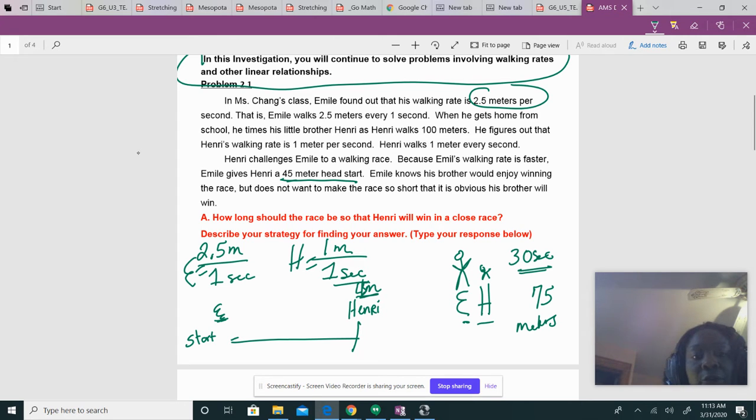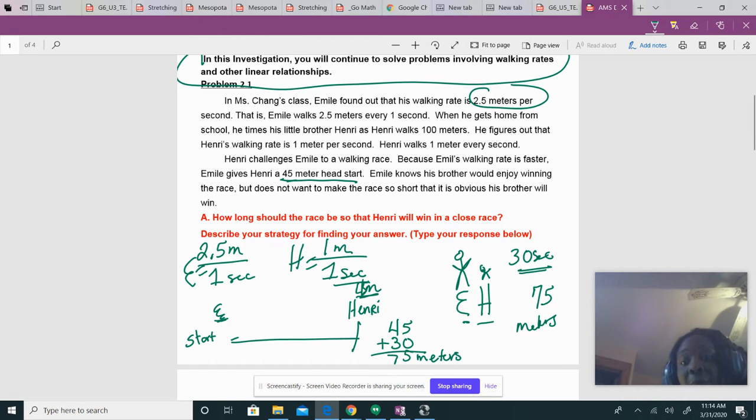Well, if Henri goes 1 meter per second, 1 second, 1 second, 1 second per meter. And so if he already gets a 45-meter head start and the race is 30 seconds in, he's going to be at that 45 meters plus the 30 meters he's going per second, right? So that's 75 meters.